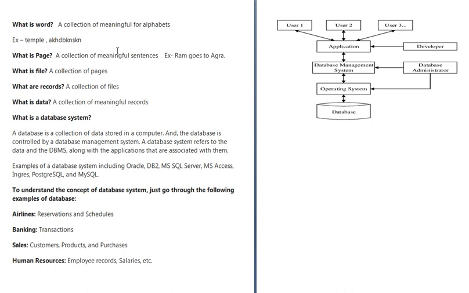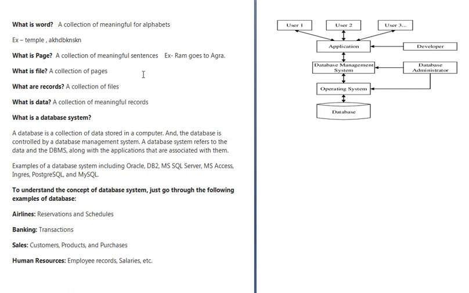The next thing, what is a page? What does a page contain? Words or sentences, right? So a collection of meaningful sentences is called a page. Now, what is a file? A file contains a collection of pages. More than one page collected together is what we call a file, right?